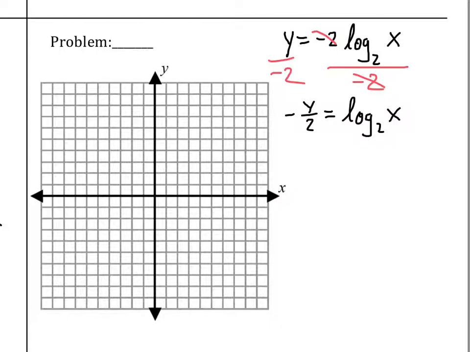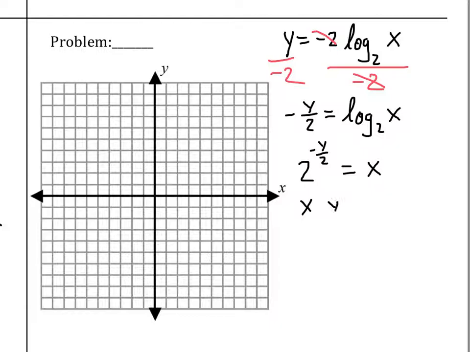So now how would I rewrite this in exponential form? Two raised to the negative y halves power equals x.